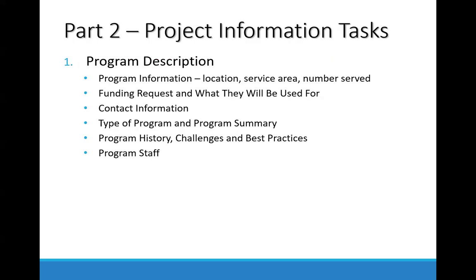Program description includes program information, location, service area, number served, funding request and what the funds will be used for, contact information, type of program and program summary, program history, challenges and best practices, as well as program staff.